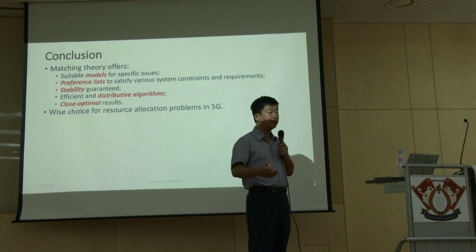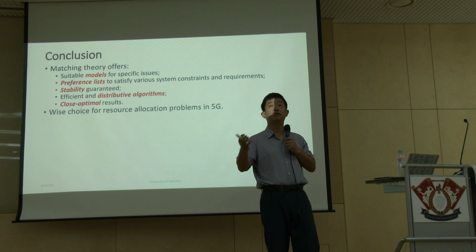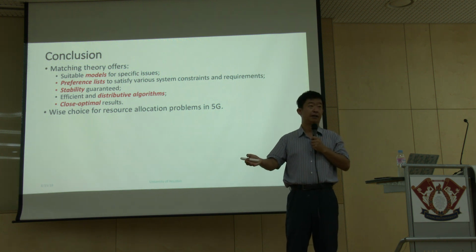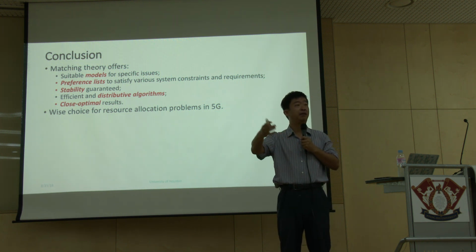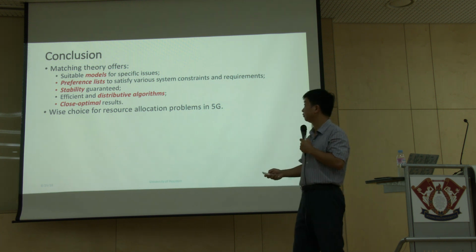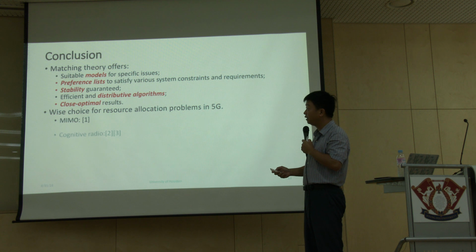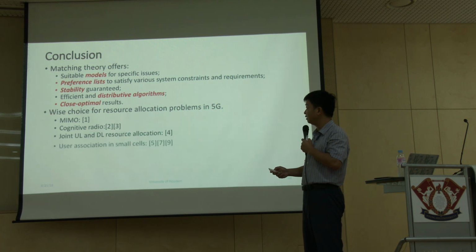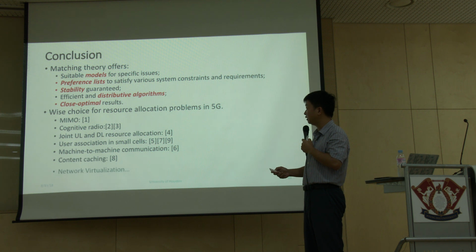Moreover, this matching can be combined with many other tools, such as learning and correlated games. There are many applications recently for different scenarios, and I just list some references.